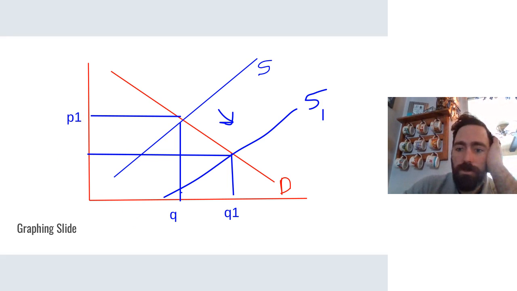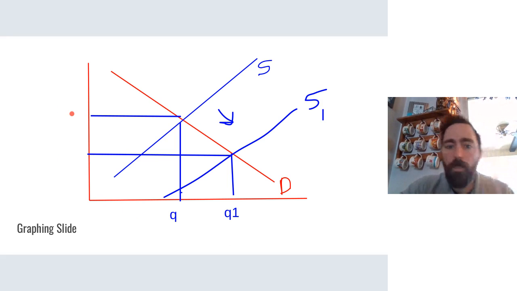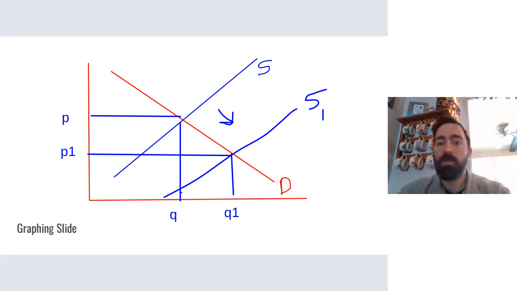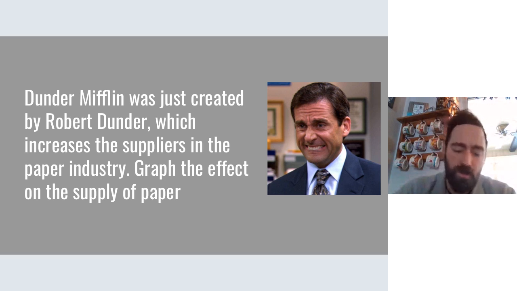Oops, I got them flipped up. There's your original price. Here's your new price. Okay, price has decreased, quantity has increased, with the increase in supply, thanks to the new technology that's now available to produce paper. New printing machines, new printing press, new computer software, servers, whatever it would be.